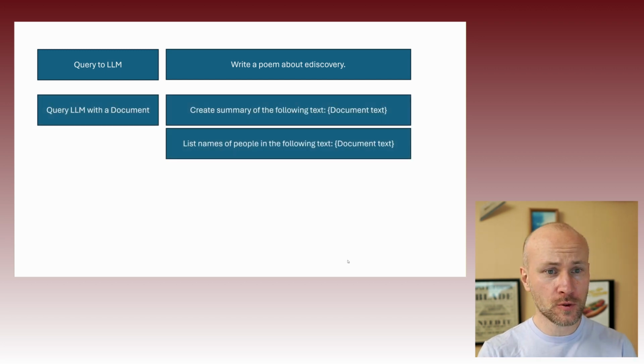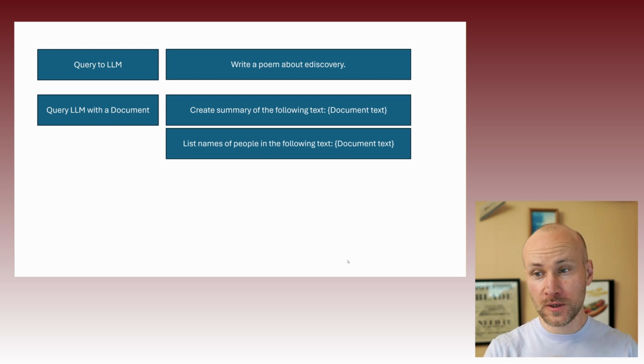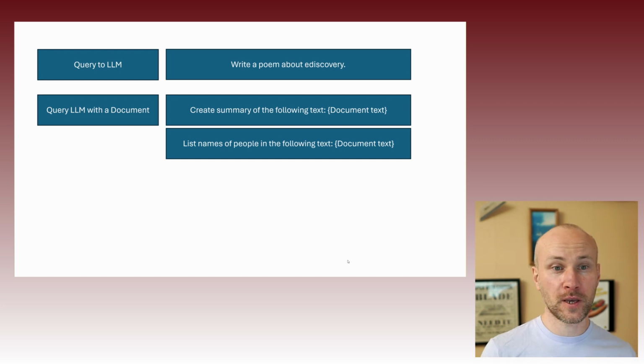The way we do that is we always combine our prompt with a document. As an example, we could say, create a summary of the following text, and then we paste the document text in there. It's going to read the text and tell us the results. Or we could say, list names of people in the following text, and then we give it the text. Again, it's going to analyze the text and tell us information about it.